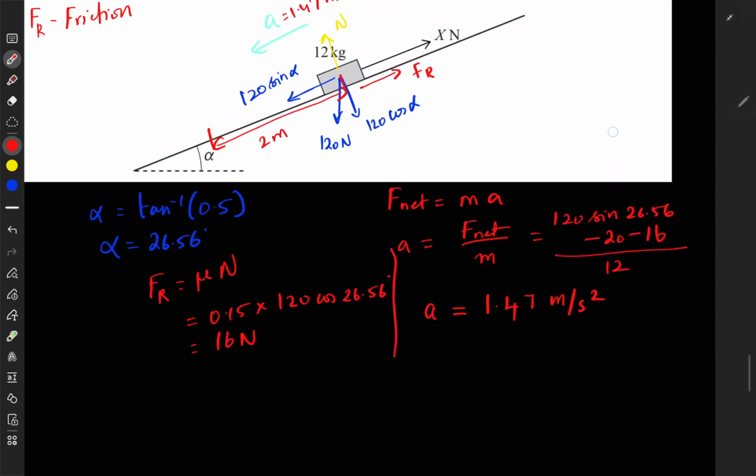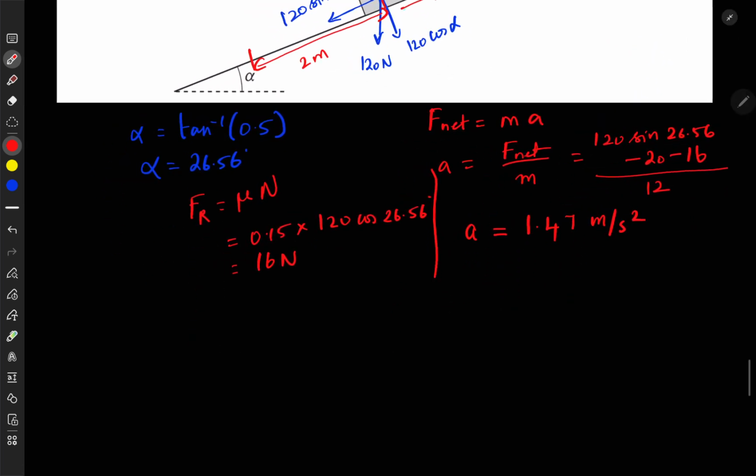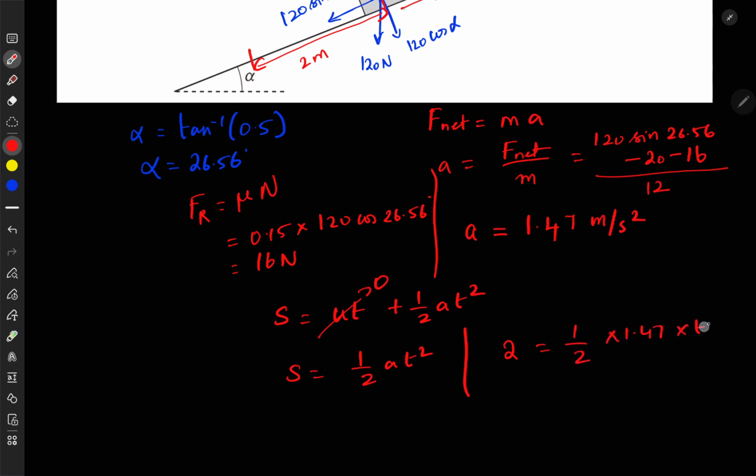So now we can use equations of motion. s equals ut plus half at squared, and since the block starts from rest, u is 0, so this term becomes 0. So s equals half at squared. 2 meters is s, as given in the question. So 2 equals half of 1.47 times t squared.